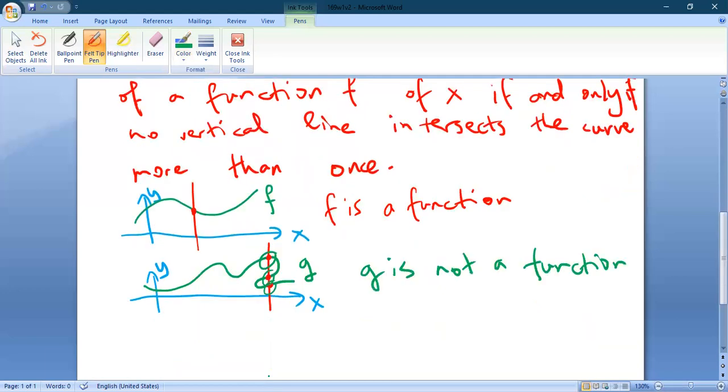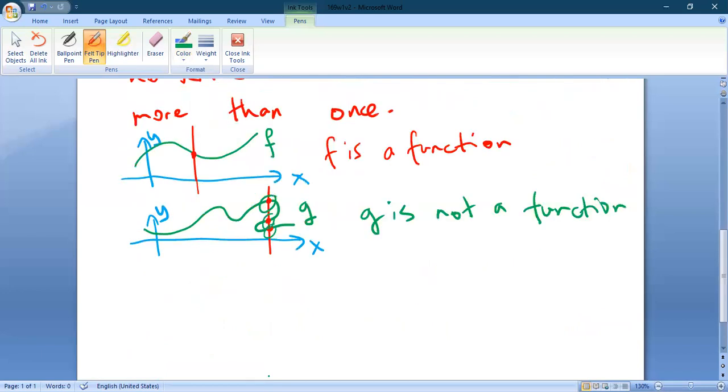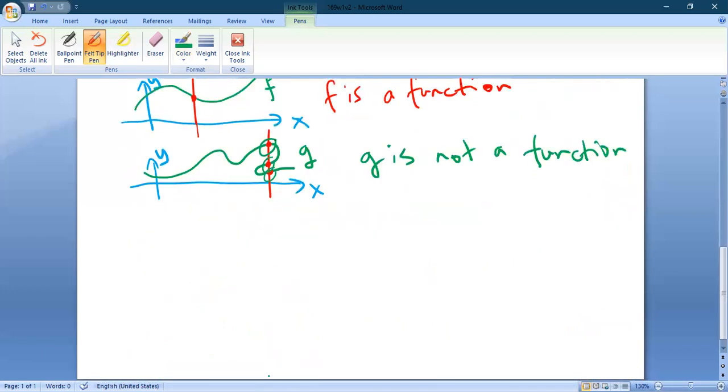So all functions have a graph which passes this vertical line test. If the graph you see on the xy plane doesn't pass the vertical line test, then it's not a function's graph. Okay, so this is something we should keep in mind.